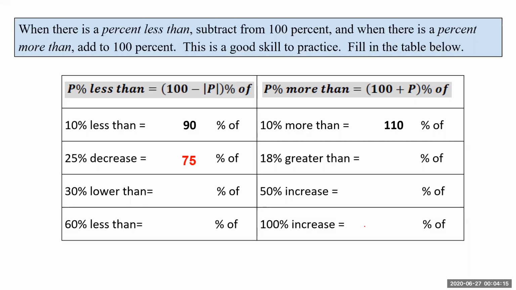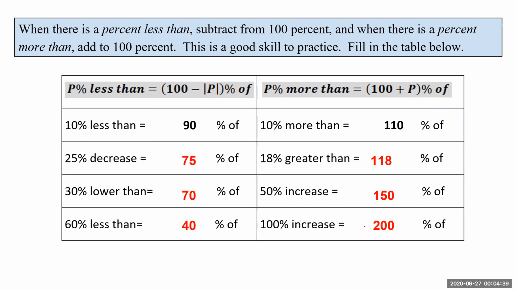With a 25% decrease, you take 25 from 100, because it's lower, it's less. So take note of these phrases. We're going to see them a lot, and we'll be using them to solve these problems. So 18% greater, you add; 50% increase, you add; and 100% increase, you add. Is that okay?